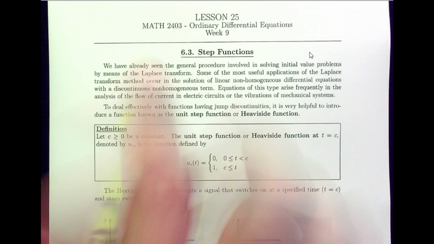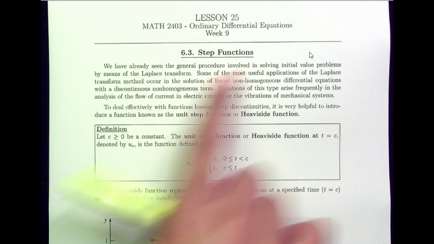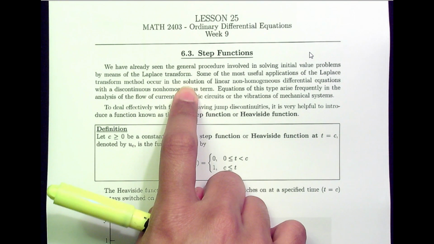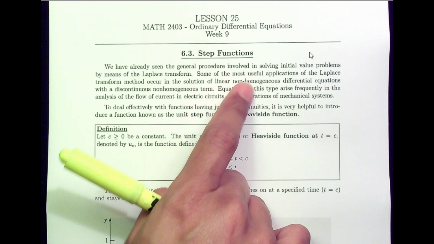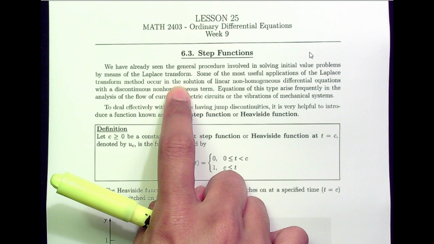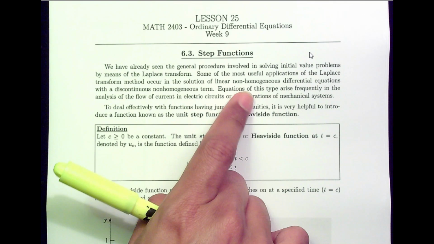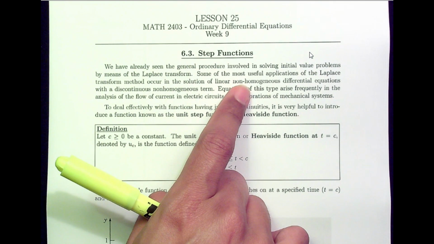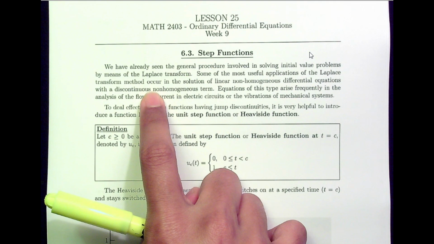So we have already seen the general procedure involved in solving an initial value problem using the Laplace transform. However, it turns out that some of the most useful applications of the Laplace transform method occur in the solution of linear differential equations that are non-homogeneous, and the non-homogeneous term is discontinuous.